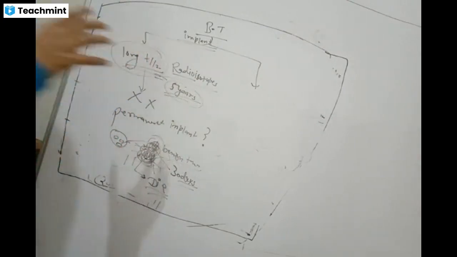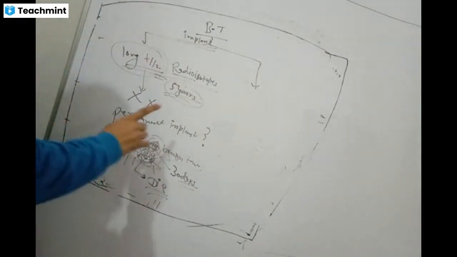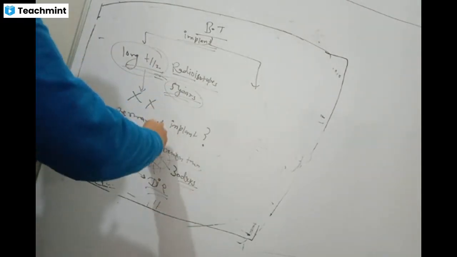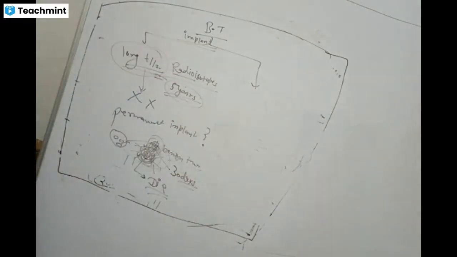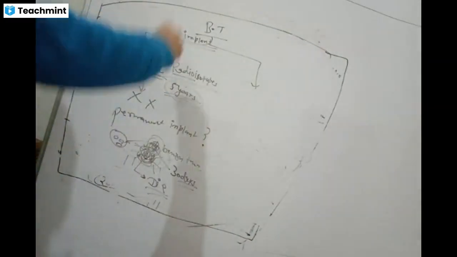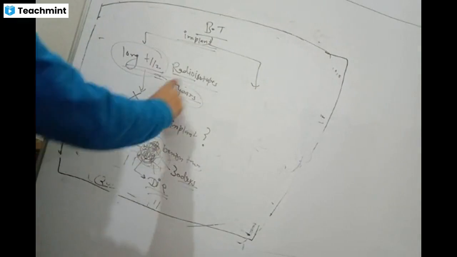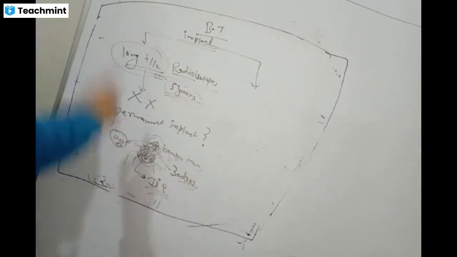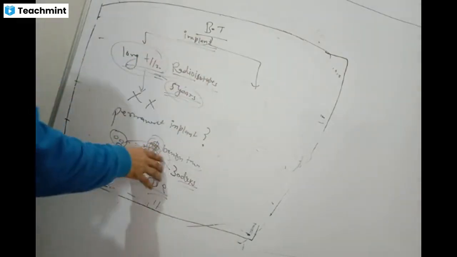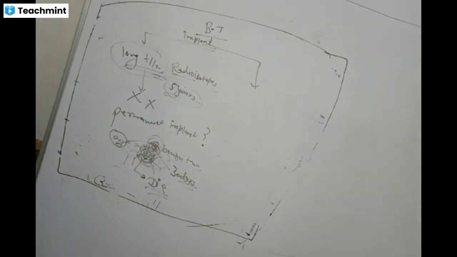So radioisotopes with a long half-life, we use as temporary implants: just keep for half an hour or 2 hours, remove, send the patient home, then use again the next day. If you keep a radioisotope with a 5-year half-life inside, it will destroy the tumor and after that it will kill the animal.